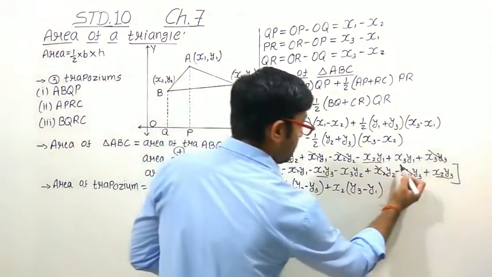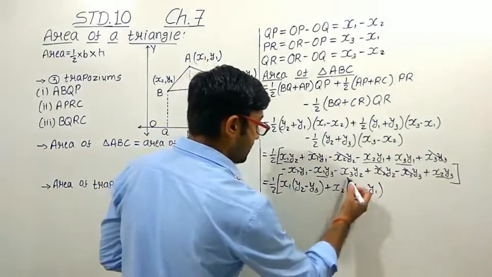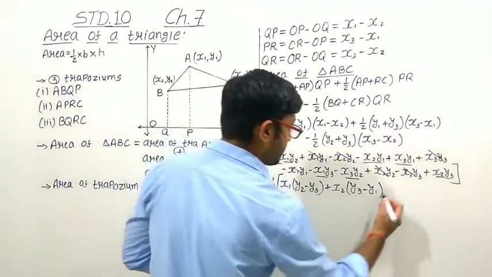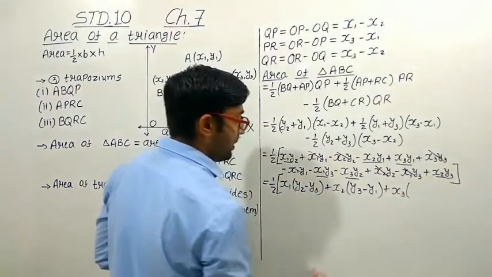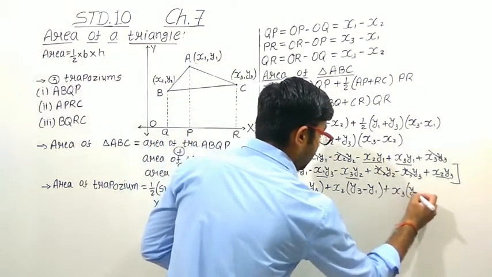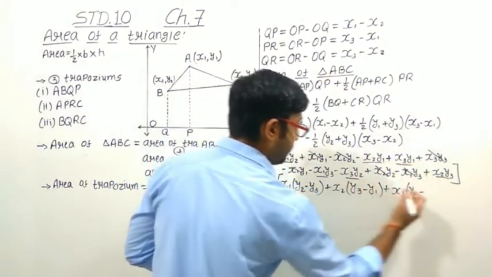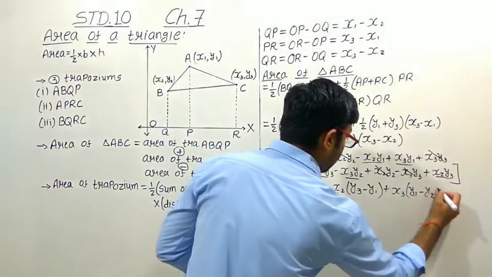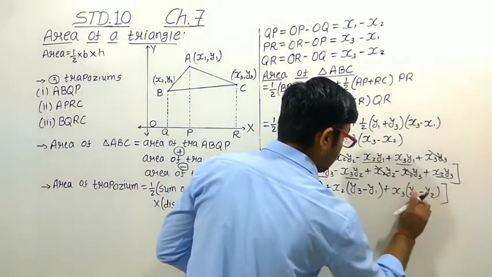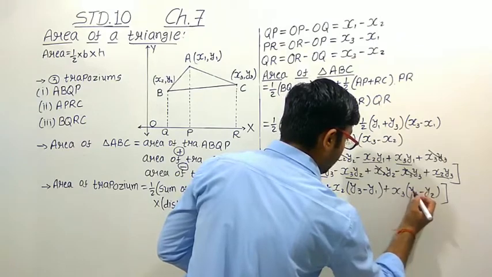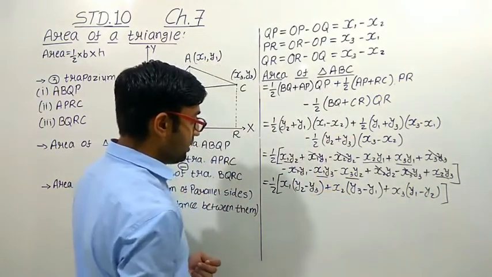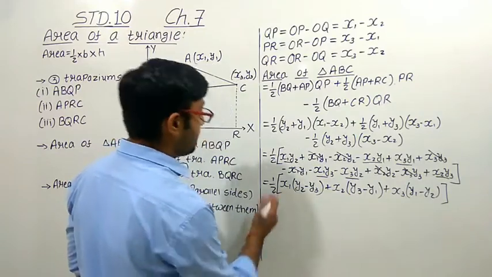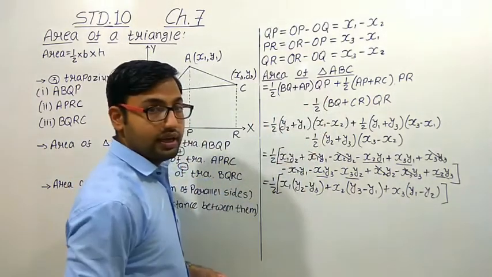And now the x3 terms: from these two terms we can take x3 as common. What will remain? y1 from this term and y2 from this term. Right? So now all the terms are covered. No terms remain. So this is what we get as the area of triangle ABC.